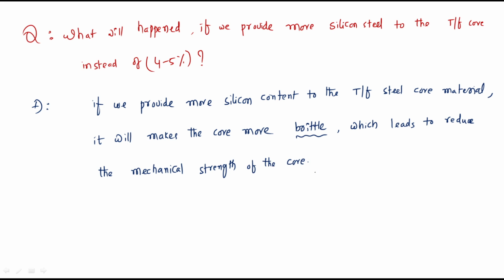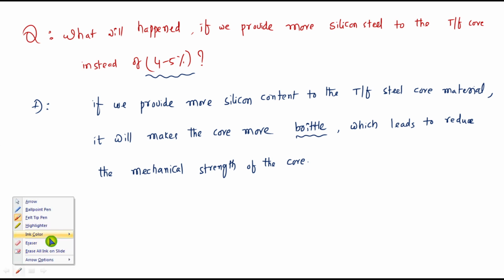That's why we have to provide only 4 to 5% of silicon to the steel. If you provide more silicon, obviously the core of the transformer will be more brittle, which leads to less mechanical strength. Then how can we reduce eddy current losses further?